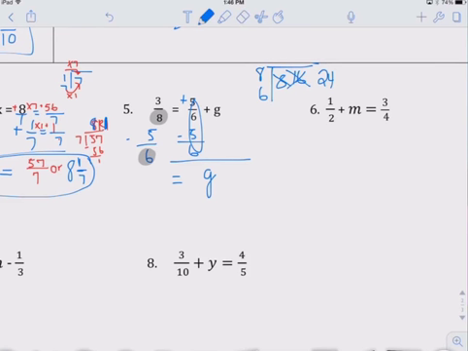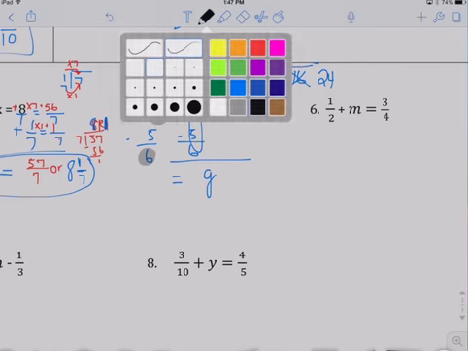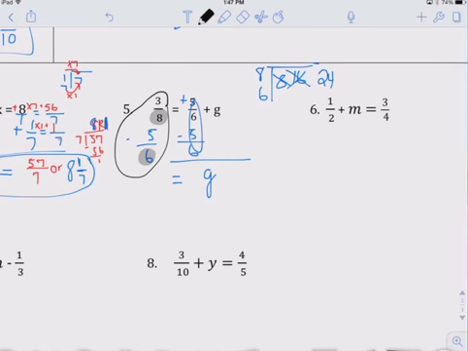So let's look at this. I'm running out of room here, so I'm going to do the work here. I'm going to copy this over here. 3 over 8 minus 5 over 6. Okay, common denominator is 24.